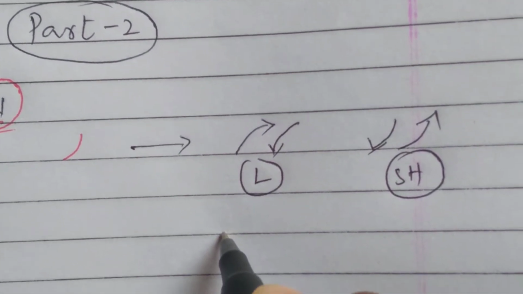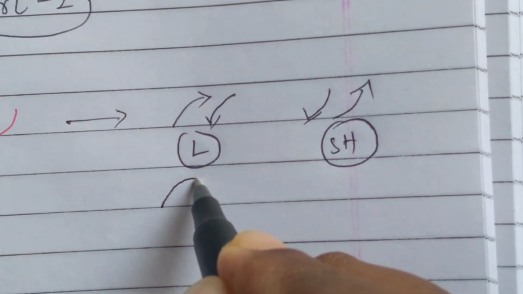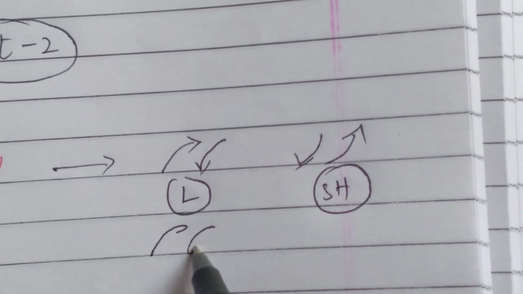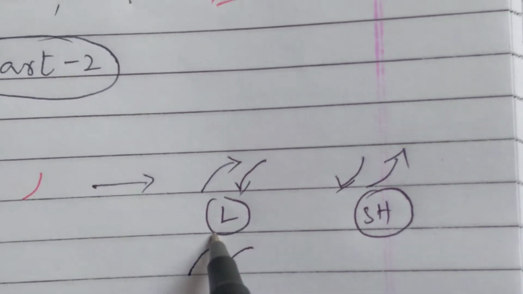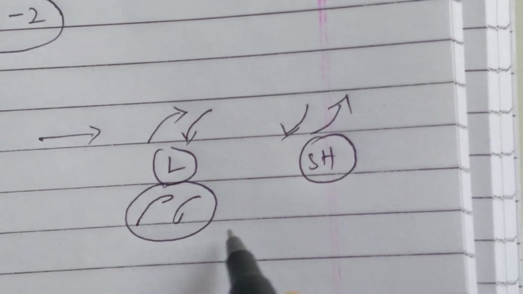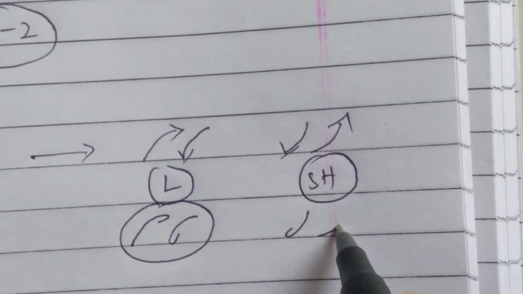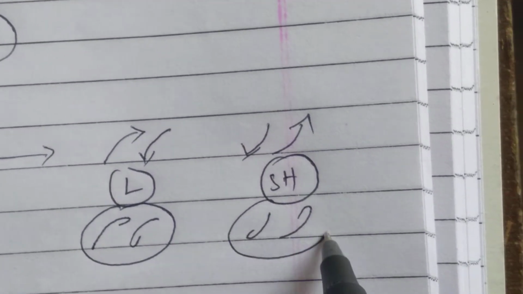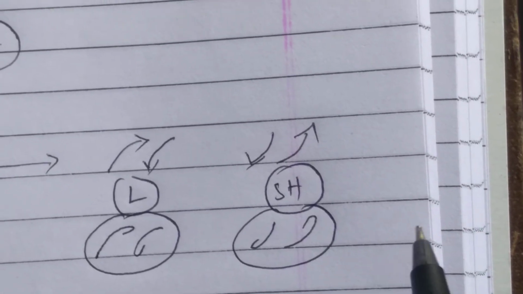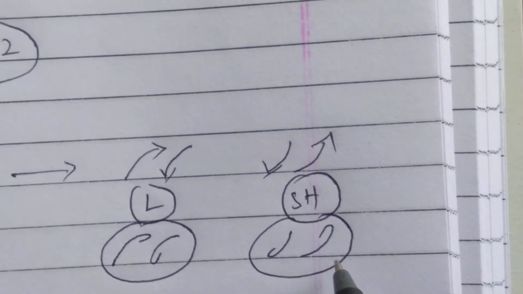I am writing L plus N, L plus N; sometimes we can use upside and downside. Ish plus N, ish plus N, either upside or downside: L N, L N, ish N, ish N, like this.